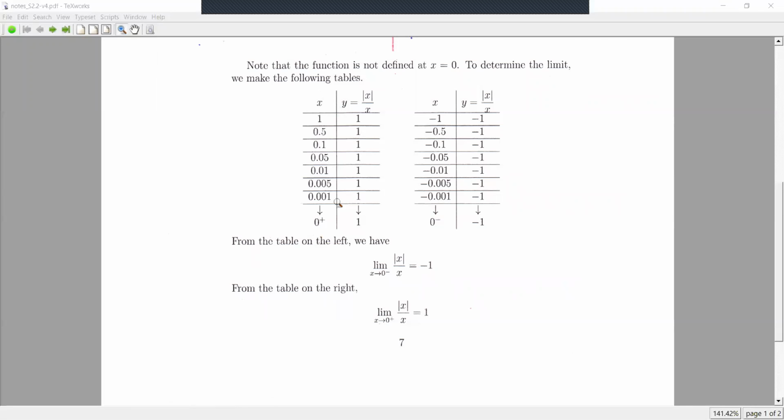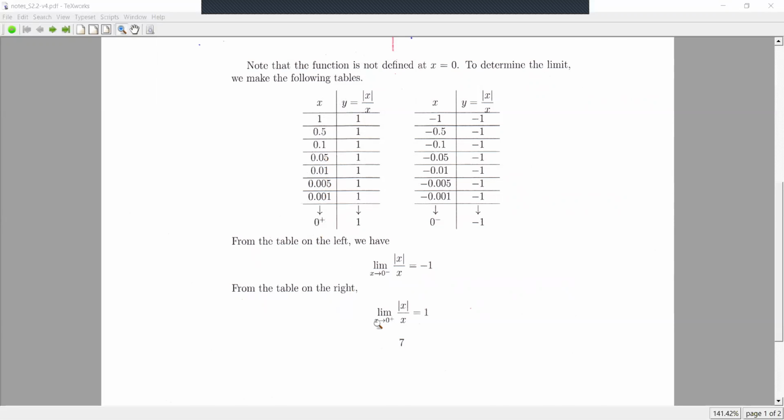In the table on the left, I let x approach 0 from the right-hand side by taking these points. The function values at these points are equal to 1. So this table suggests when x approaches 0 from the right, function approaches 1.